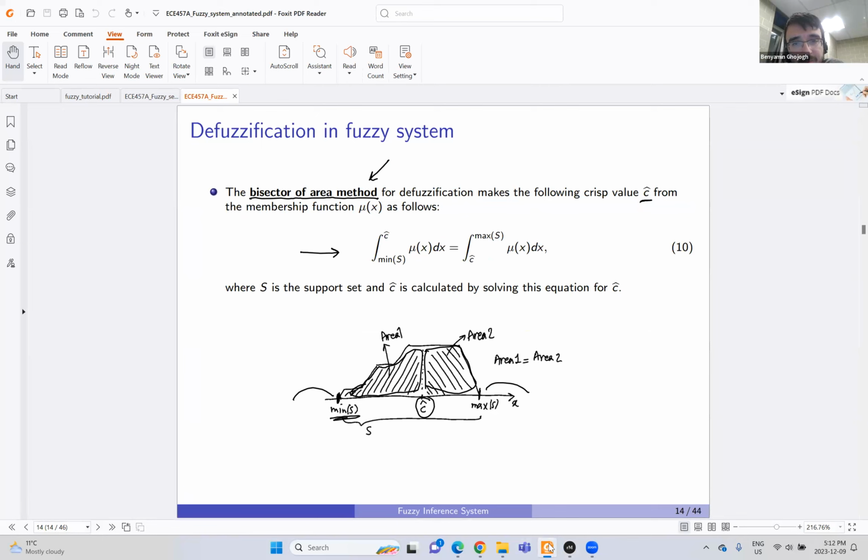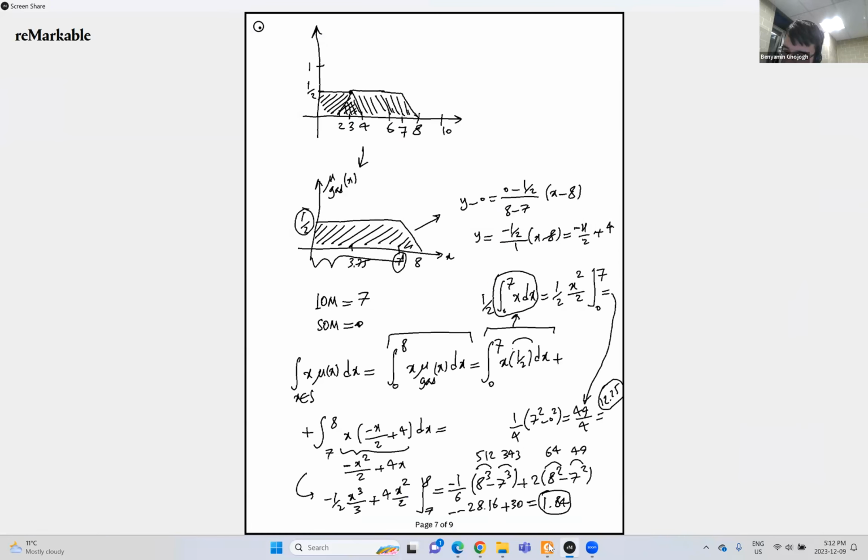Bisector, we need to solve this equation 10 for c hat, right? Let's do that. Let me copy this membership function.